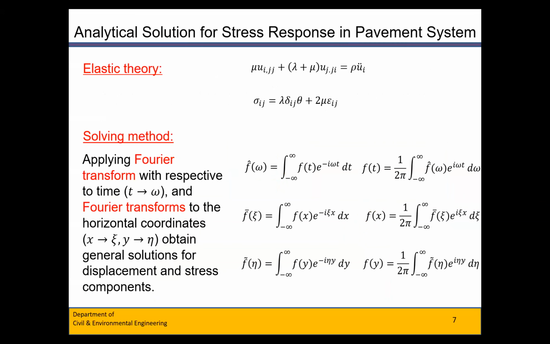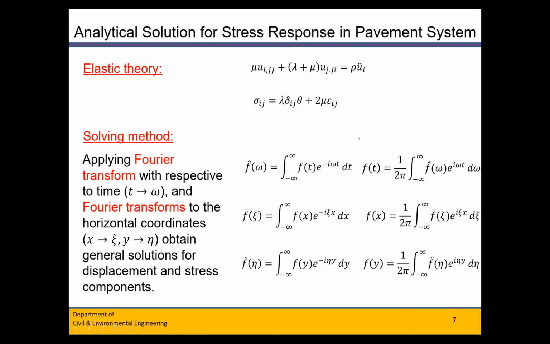So, how to obtain stress and displacement fields in a layered pavement system? Here, we use these two elastic equations and use the Fourier transform to solve these two PDEs. These six equations show the relationship between the original function ft, fx, or fy, and the ones in the Fourier transform domain.